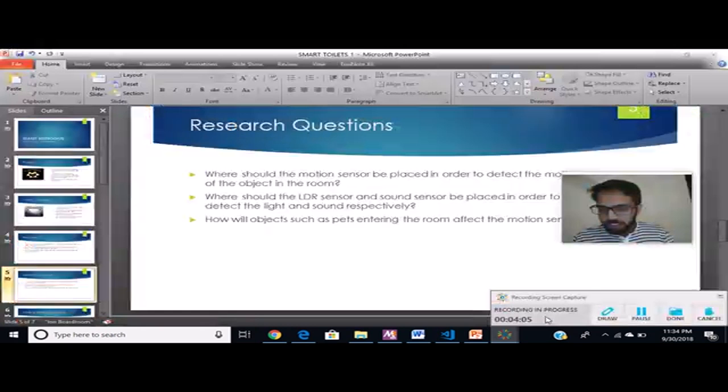The light will go on if and only if there is no natural light present in the room. The natural light will be detected by the photosensitive LDR sensor, and it will prevent the light from going on if there is already some natural light present in the room.